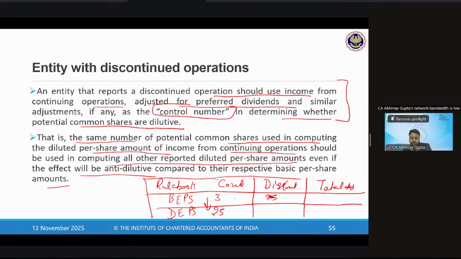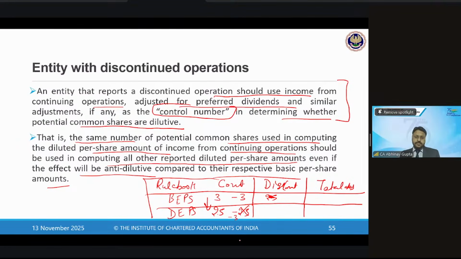Now, if my continuing operation is -3 and my diluted earning per share is coming to say -2.5, then is it dilutive or anti-dilutive? Anti-dilutive. So in this case I will ignore -2.5 and say it is -3 only, correct?